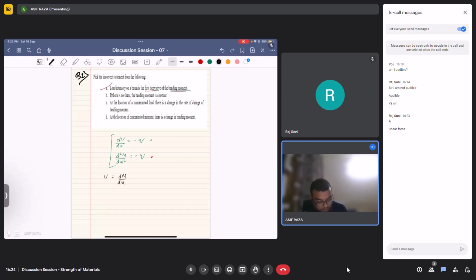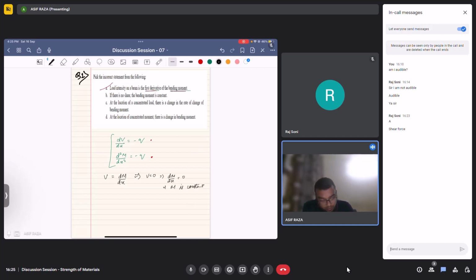So if there is no shear, that is V is equal to 0, that would imply dM by dx is equal to 0, and this would imply that M is some constant. So option B is correct.